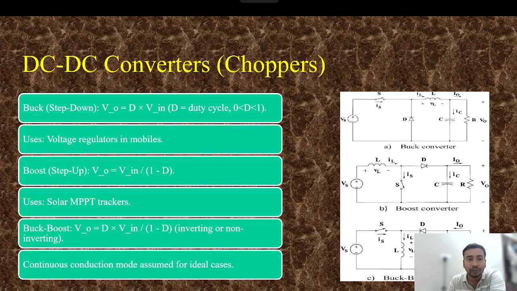Duty cycle is defined as D equal to T on by T, means total on time by the time period of the cycle. So in this way, the output voltage of buck is V output equal to D into V, output voltage for boost is V output equal to V input by 1 minus D, and output voltage of the buck boost converter is equal to D into V input by 1 minus D.